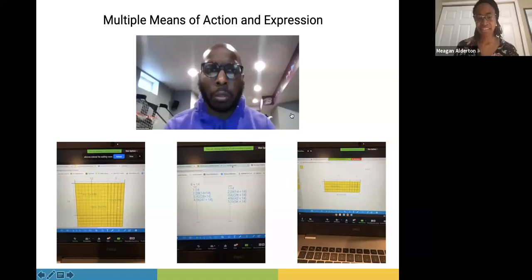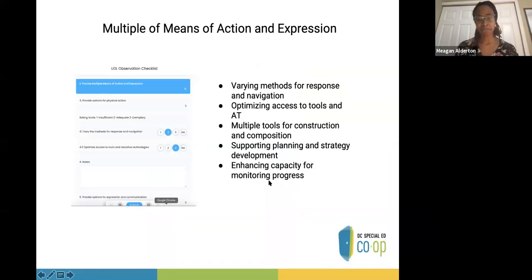Excellent. So just sort of a recap, and then we'll move on and close things out. We saw varying methods for response here. We saw the optimizing of the tools. Even though the tool was shown to the students to use one way, we had another student pick it up and create a ratio table using that tool, which was very smart.